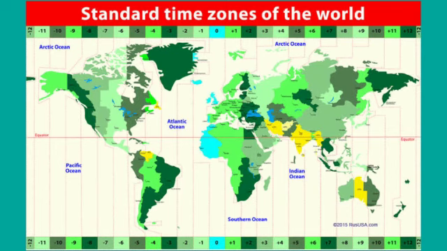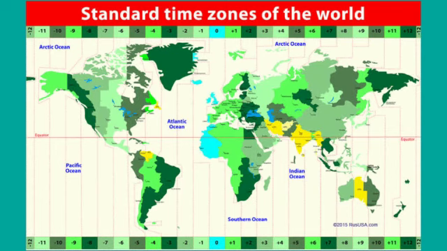India, located east of Greenwich at 82 degrees 30 minutes east, is 5 hours and 30 minutes ahead of GMT. Have you seen in your father's mobile that our time zone is plus 5:30?